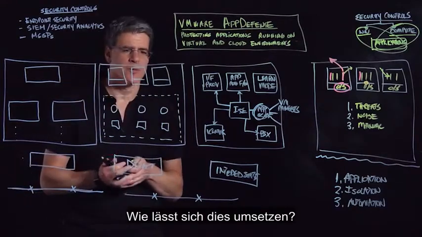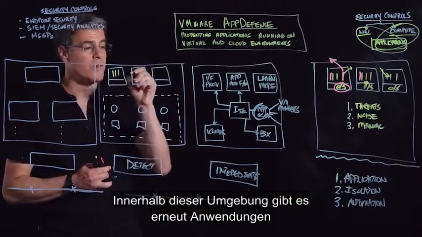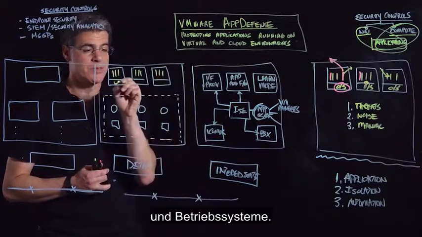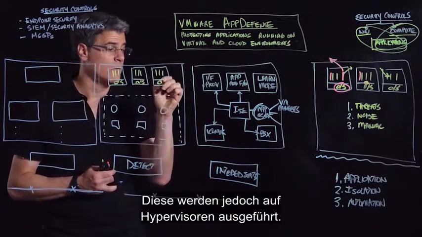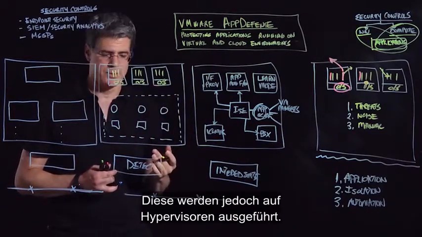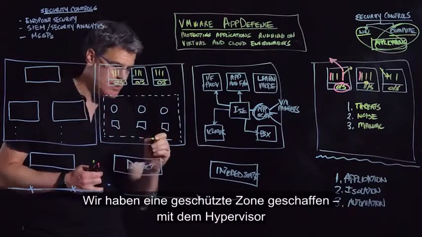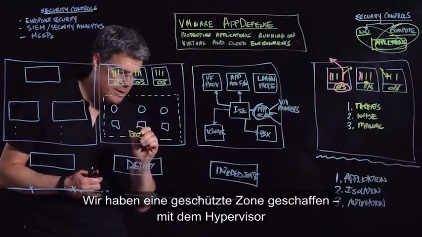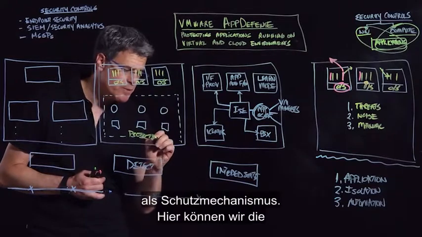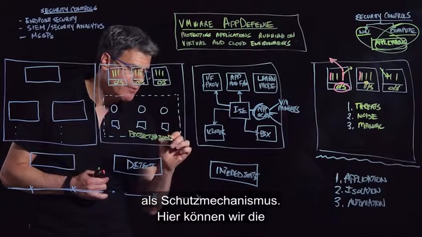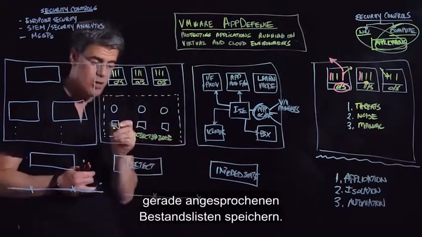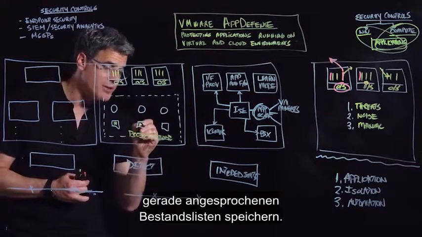So how does that work? Inside this environment, we have, again, those applications and operating systems, but they're running on hypervisors. And we've created this protected zone, using the hypervisor to protect it, within which we can store those manifests that we talked about.